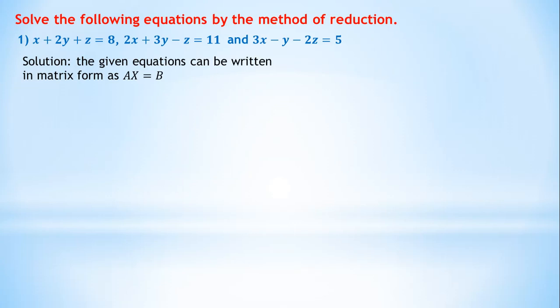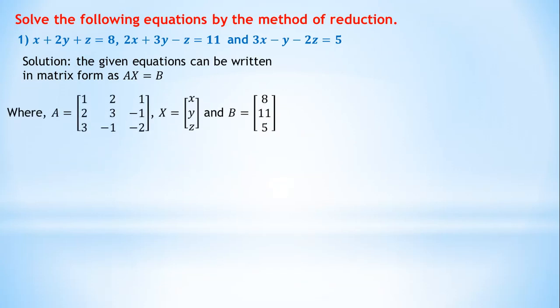So first of all, as we know, the given equations can be written in matrix form as AX is equal to B, where A is the matrix formed by the coefficients of x, y, z respectively. That is, here see 1, 2, 1, then 2, 3, minus 1, and then 3, minus 1, minus 2.